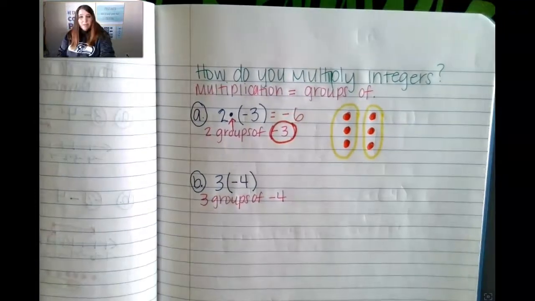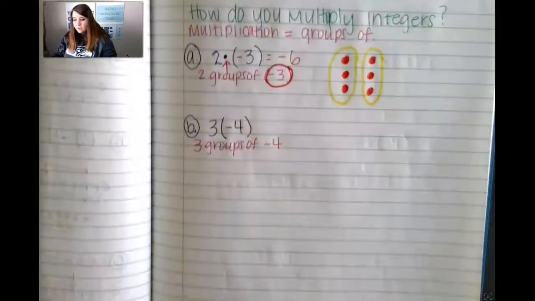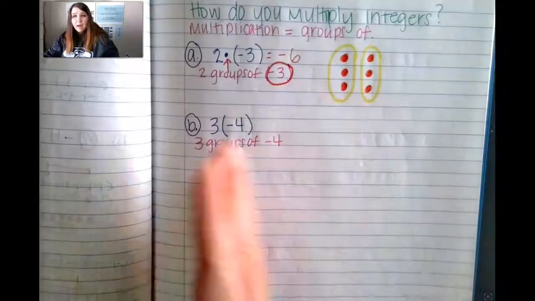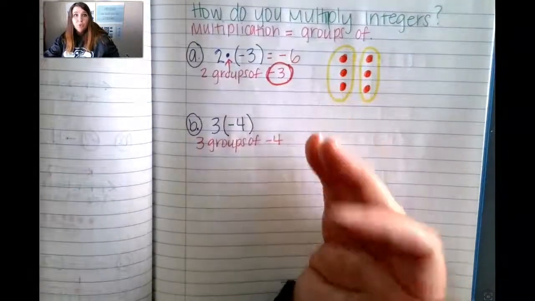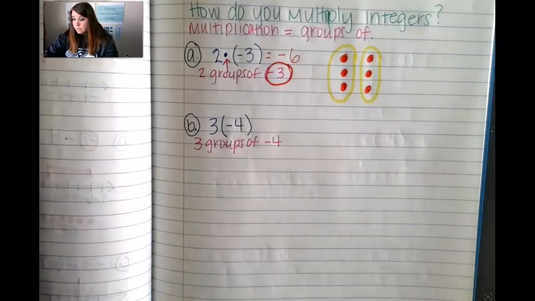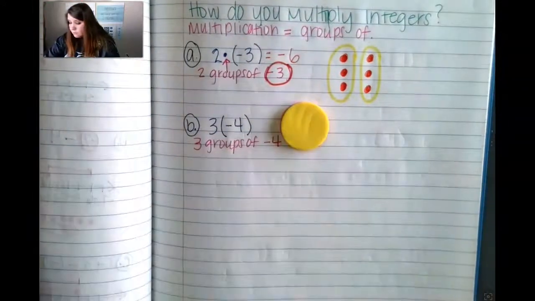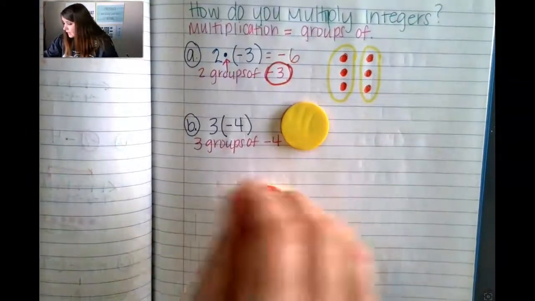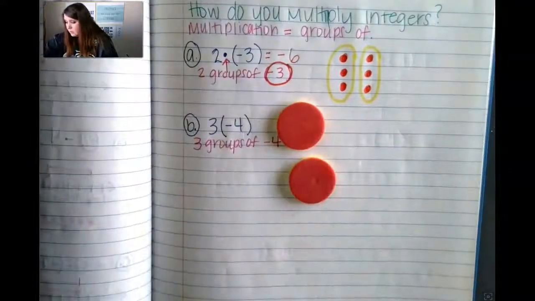So I need 3 groups of negative 4. And because it's a positive, we're adding these groups to the board. So I'm going to put 3 groups of negative 4 on the board. Here we go.